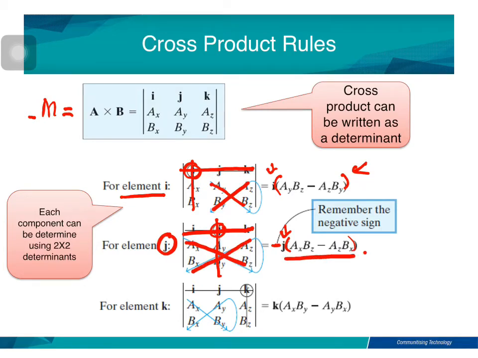Okay, and then the last one, element K, in brackets we have AX cross BY minus AY cross BX. So this is what you can write.